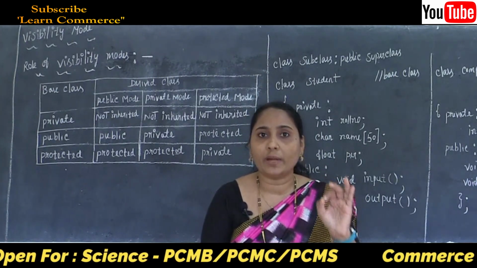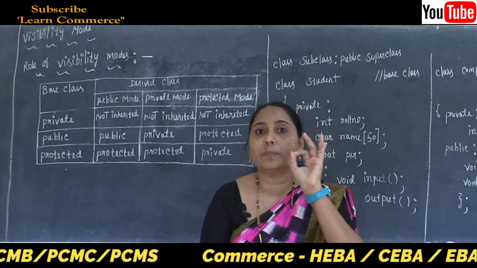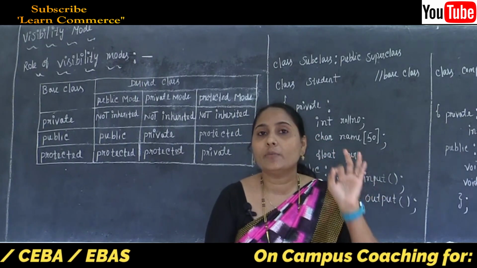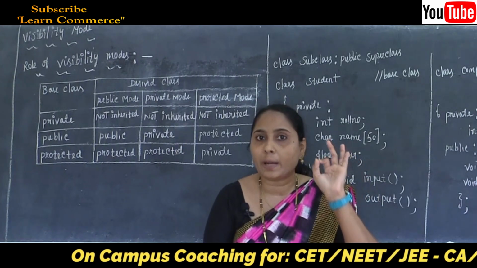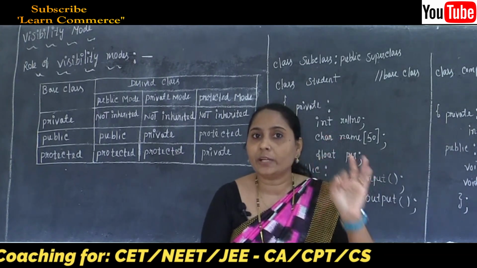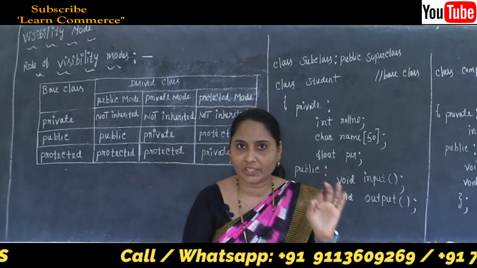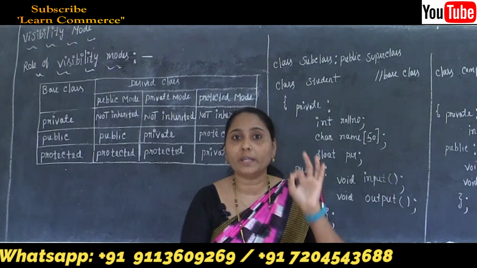And sometimes while using the visibility mode, if you do not mention the visibility mode, at that time the compiler automatically considers the visibility mode as private. So these are the three important notes.